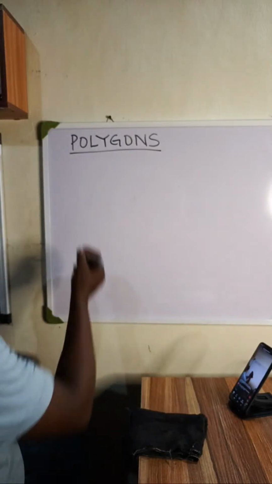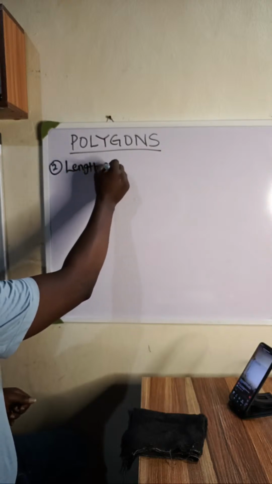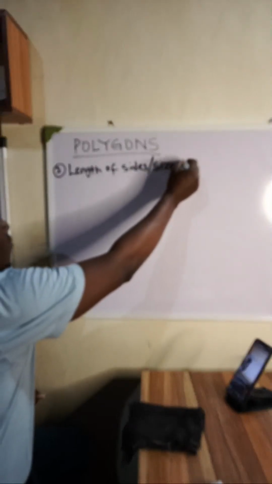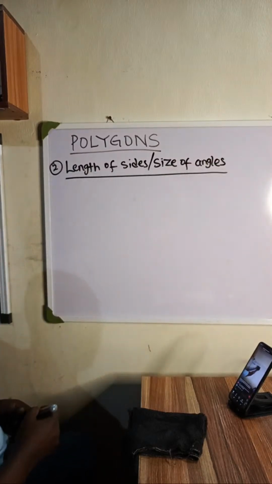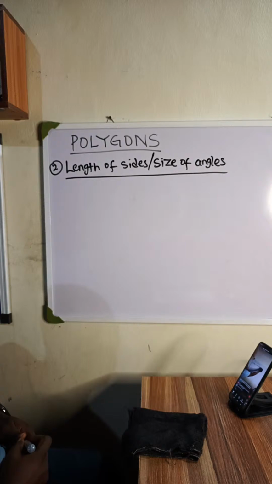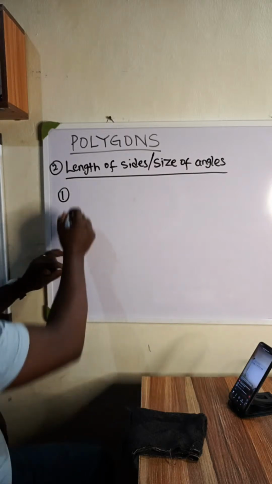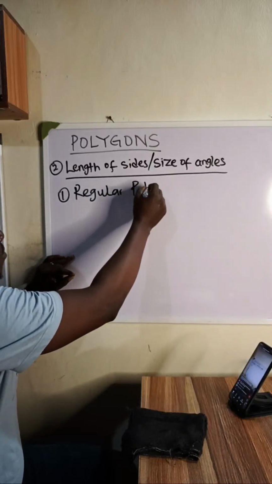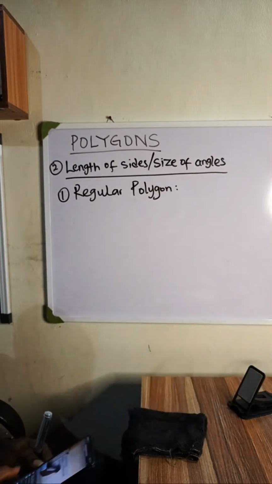So the first type of polygon based on the length of sides and size of angles is called a regular polygon.